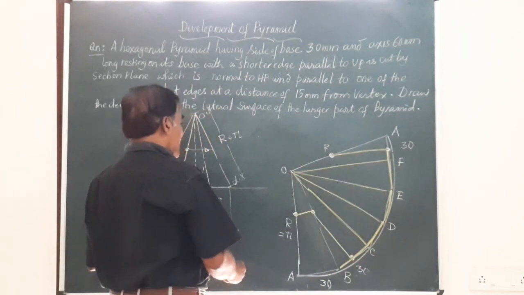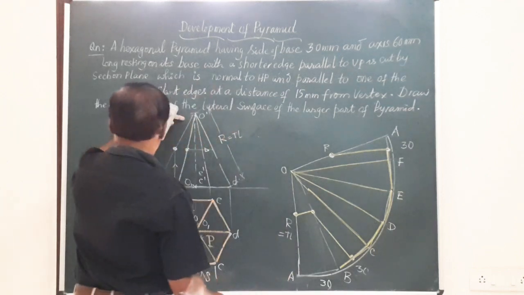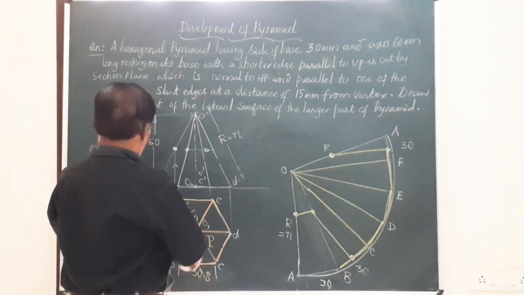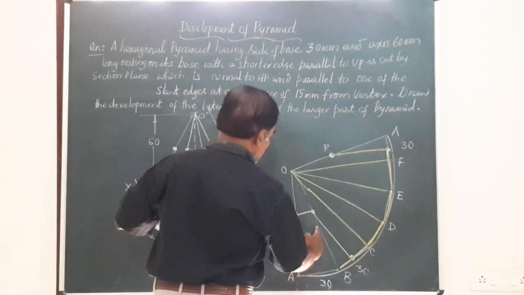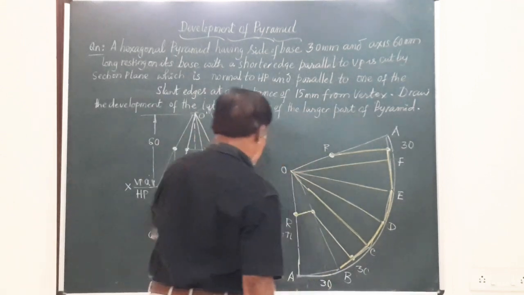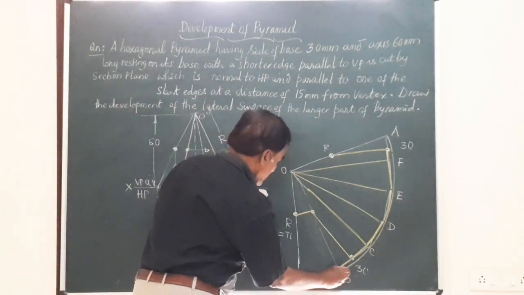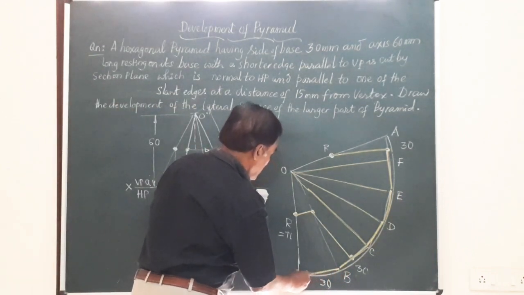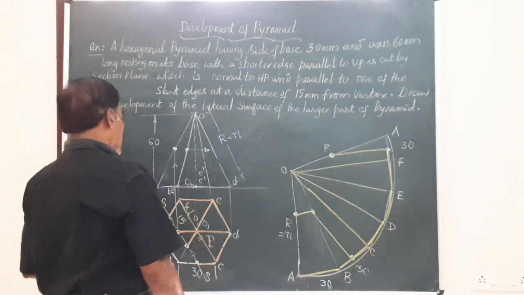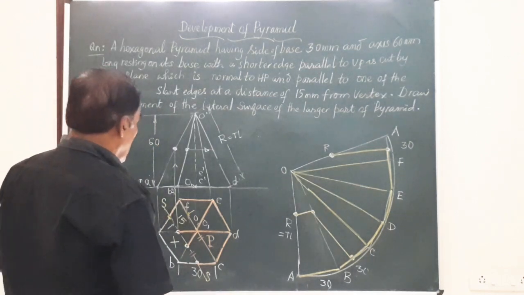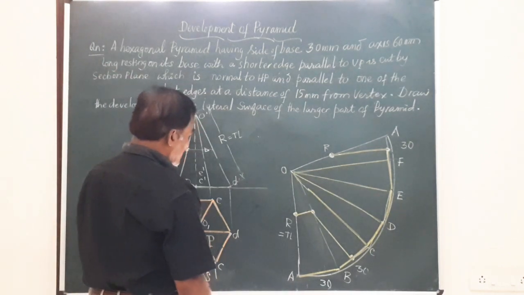And friends, here portion from O to A, this part is removed. This is removed. And here on AB, AB is intact. The portion AB is there. On OB, some portion is removed.